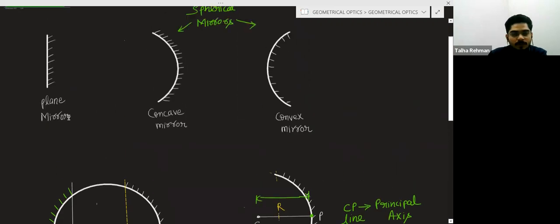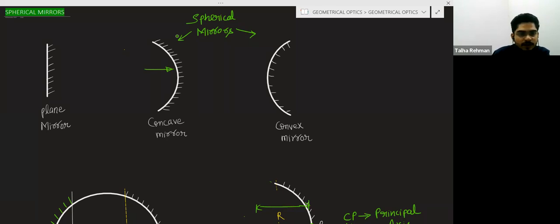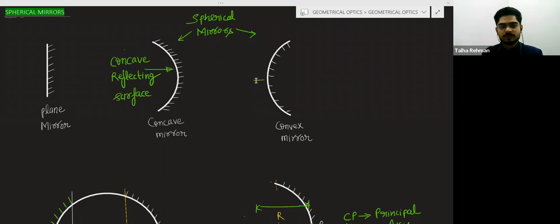Here, this is the reflecting surface. This surface is the concave reflecting surface, which is why it is known as the concave mirror. And here this is the convex.